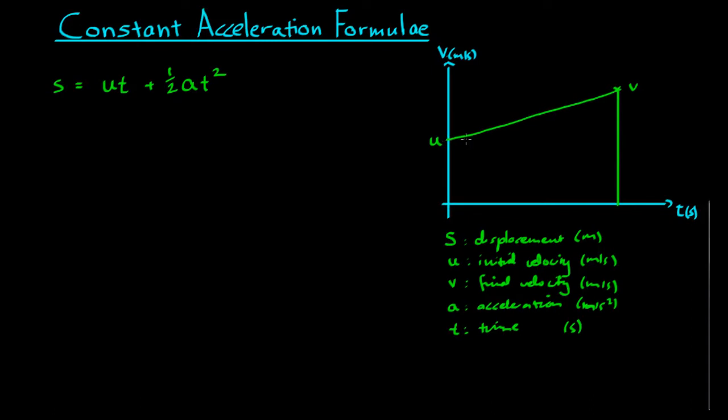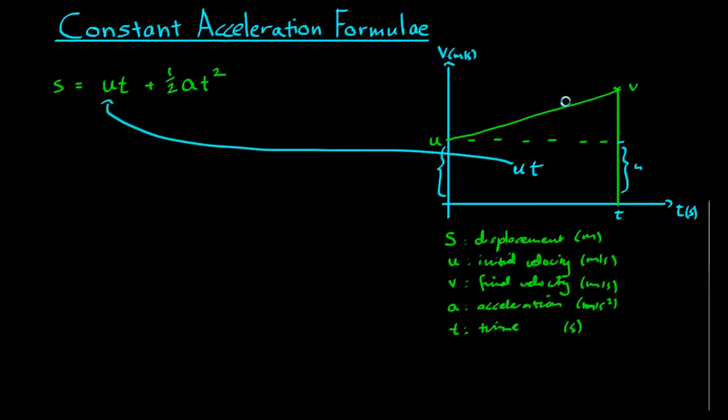First of all, we break it off into two regions. The area of this region plus the area of this region is going to be the area of the entire shape. Now the area of the bottom is easy. This side length here is U, this side length here is U, this side length here is T. So this area here is UT, and that area corresponds to this part of the equation.